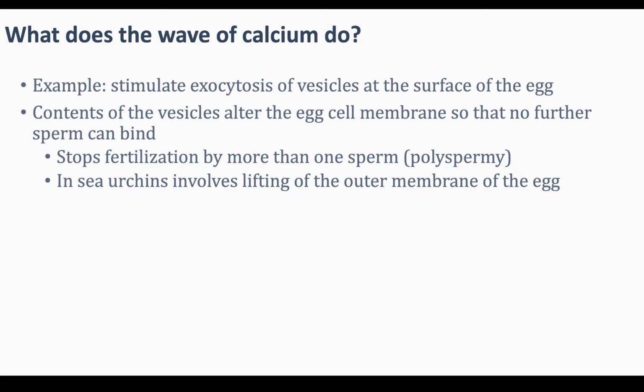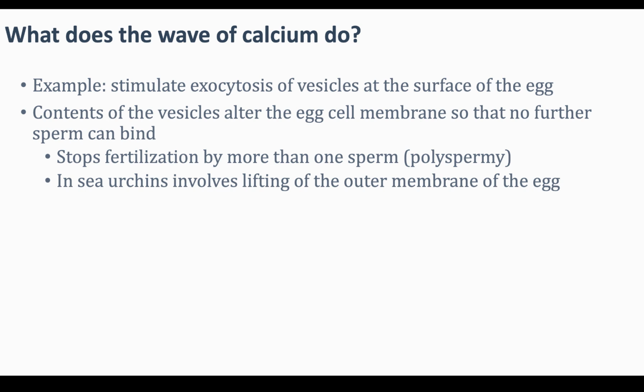What does the calcium wave do? Turns out that underneath the cell membrane, eggs have vesicles waiting right underneath that cell membrane, kind of the way there are synaptic vesicles waiting at the end of an axon. Stimulation of the egg by the sperm and release of calcium causes exocytosis of these vesicles.